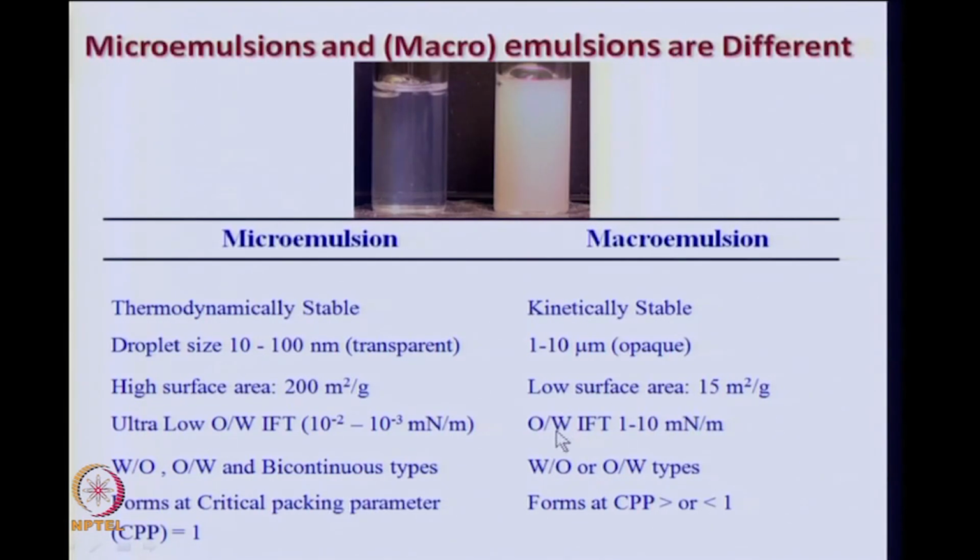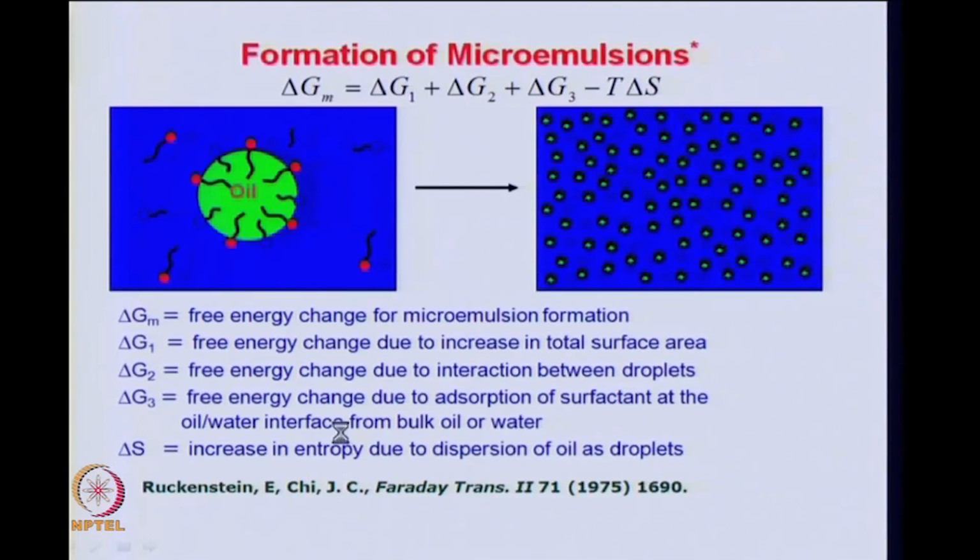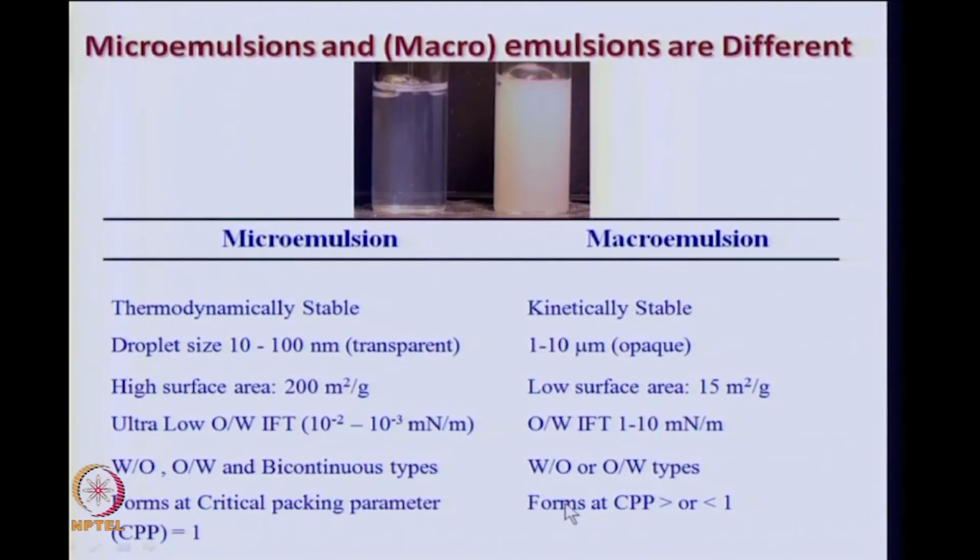Now, you can get both water in oil as well as oil in water type of macroemulsions, but you cannot get the bicontinuous type of systems which you can get in the microemulsions. Then the formation of macroemulsion occurs at a critical packing parameter when it is greater than or less than 1, not when it is equal to 1.